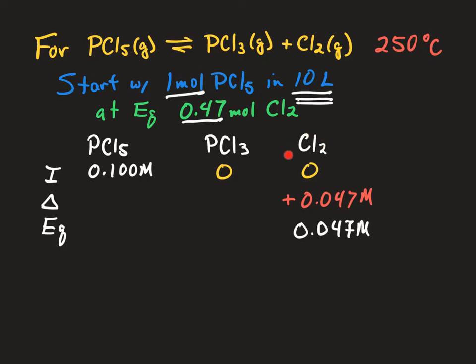Since chlorine and phosphorus trichloride react 1 to 1, every time we make 1 mole of chlorine, we also make 1 mole of phosphorus trichloride. So phosphorus trichloride has to be plus 0.047 molar.